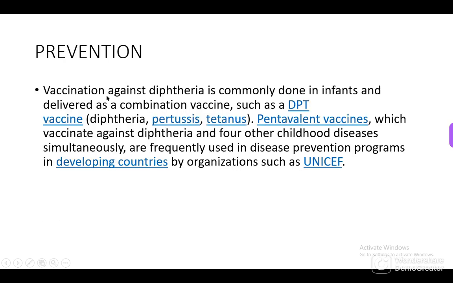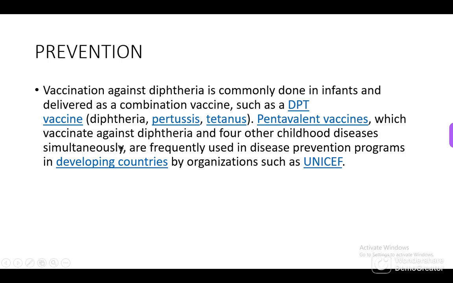Prevention is better than cure. A vaccination program is going on: diphtheria, pertussis, tetanus. Diphtheria will cause the problem which I said is the croup, and Bordetella pertussis, which is a gram-negative bacillus, I would call pertussis, tetanus.